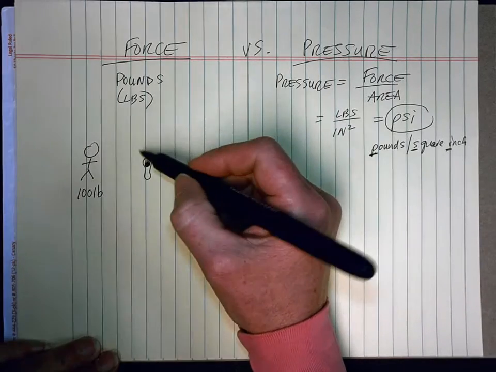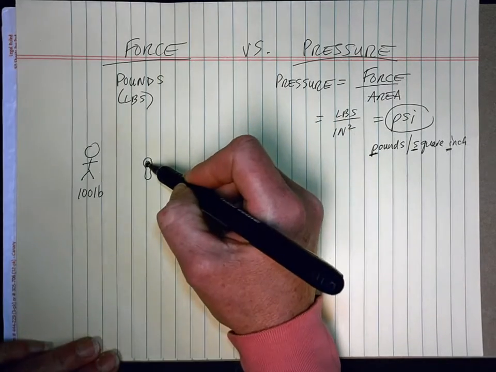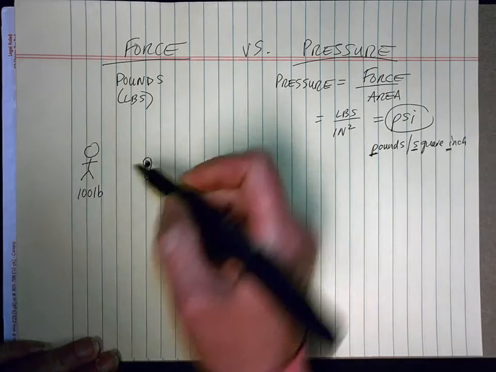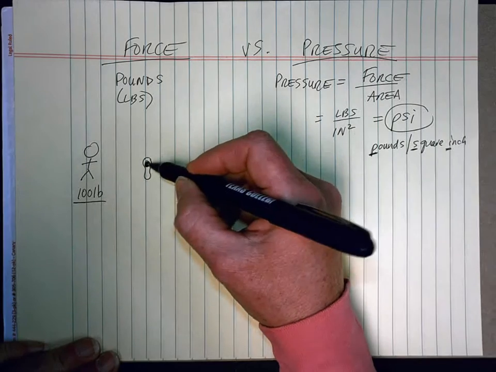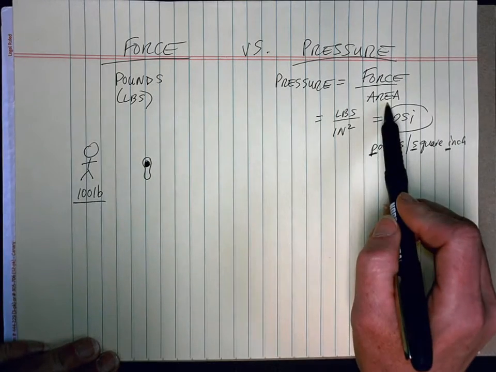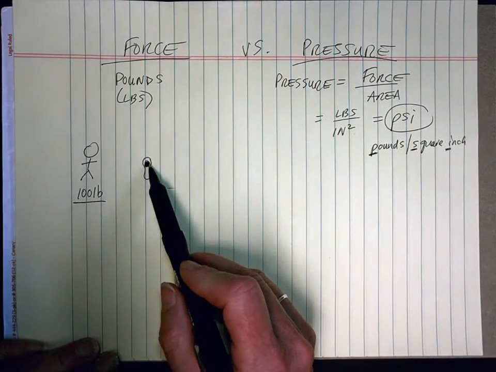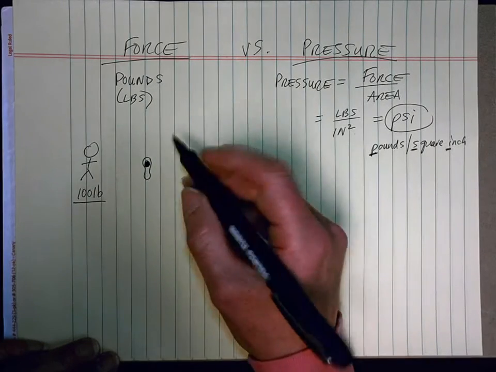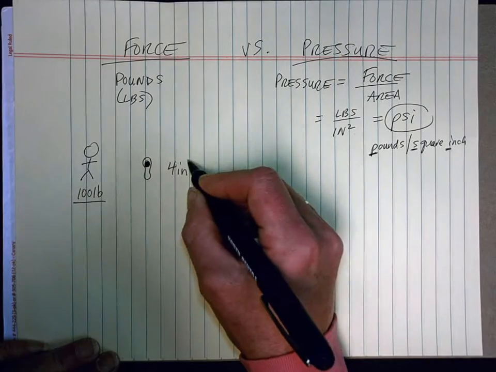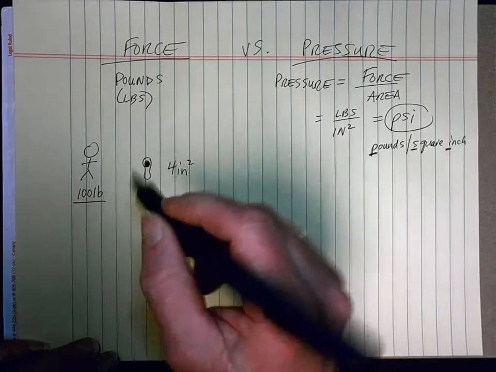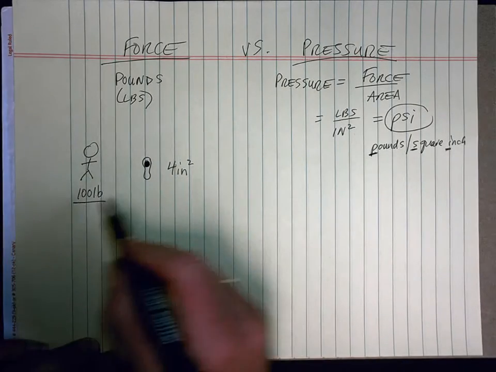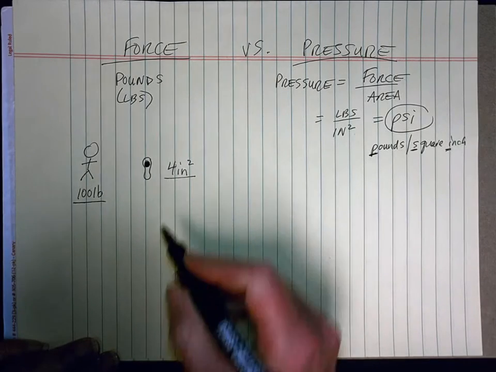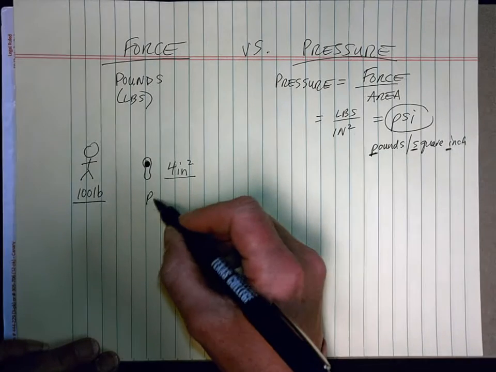If you want to figure out how much pressure is applied to the top of your foot when someone who weighs 100 pounds steps on it, you have to know what this area is, because remember, pressure is force per area. Now, we can estimate that area at, say, 4 inches squared, the area on the top of your foot where someone would step.